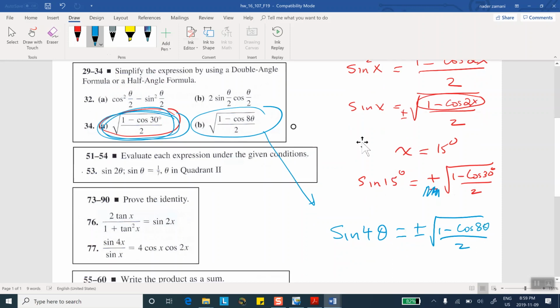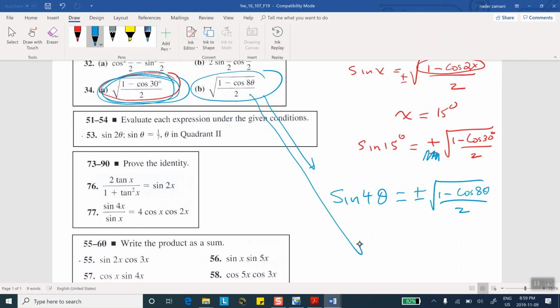Therefore, when you compare these two, it's going to be plus or minus sine of 4 theta. That depends on the value of theta.